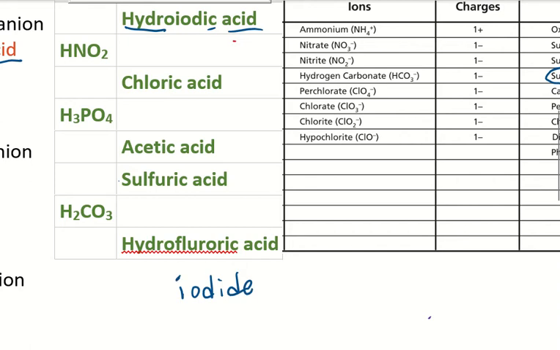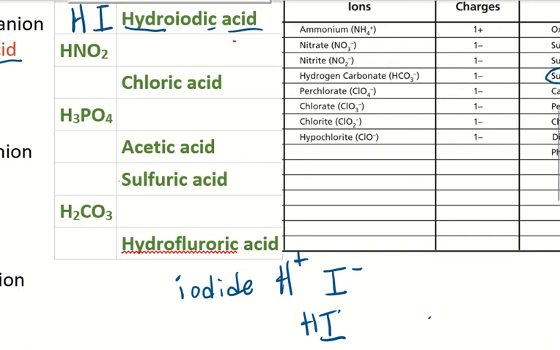And what is the symbol for iodide? I minus. So how many hydrogens do I need to make a neutral compound? 1. H plus. So together, HI is your formula.